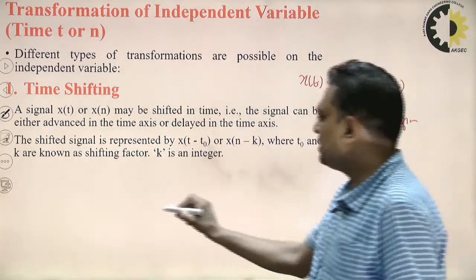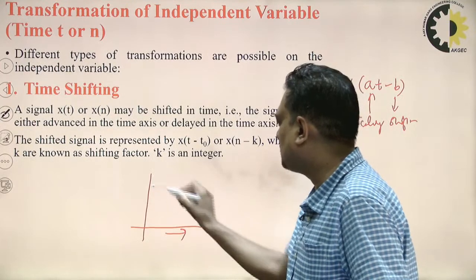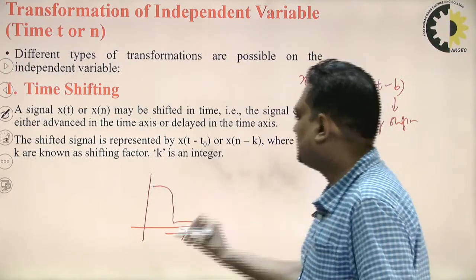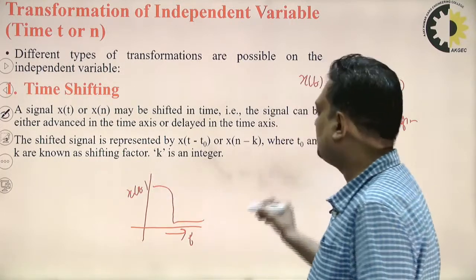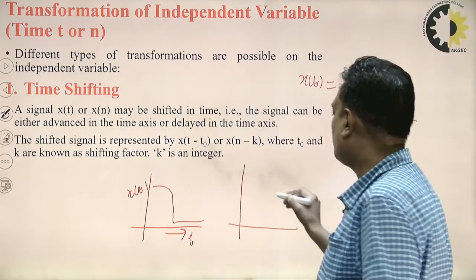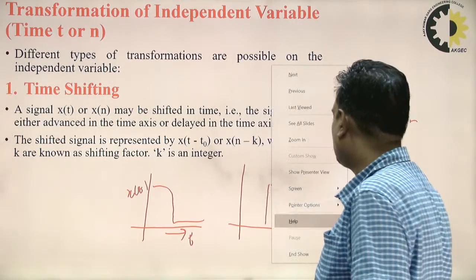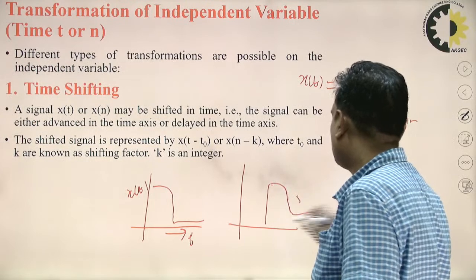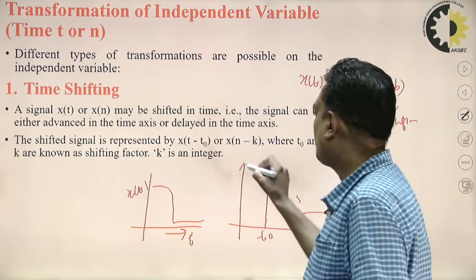In time shifting, let's say this is a continuous time signal x(t), and I am shifting this signal to the right by an amount t naught. We can draw it like this, so this is t naught, and now the signal will start at t naught.